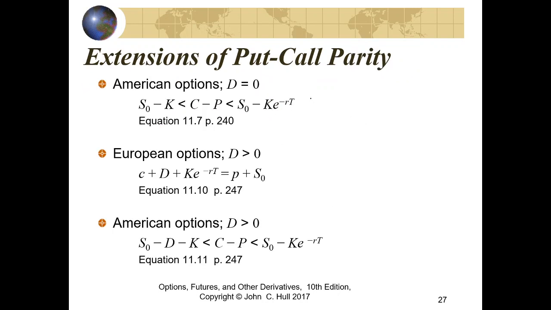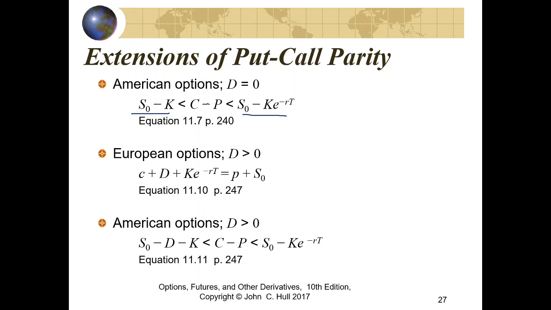Now, this will lead us to extensions of the put-call parity. In the case of American options, in which there are no dividend payments, we cannot reach an exact equation like what we saw in the case of European options. For American options, the difference between the call and the put should be lower than this value and higher than this value.